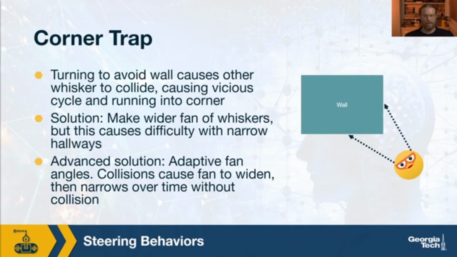The whiskers will set off the obstacle avoidance strategy. So an advanced solution is to have an adaptive fan angle. When a collision occurs, the whiskers start to widen the angle, and then over time they will narrow back to their steady state.